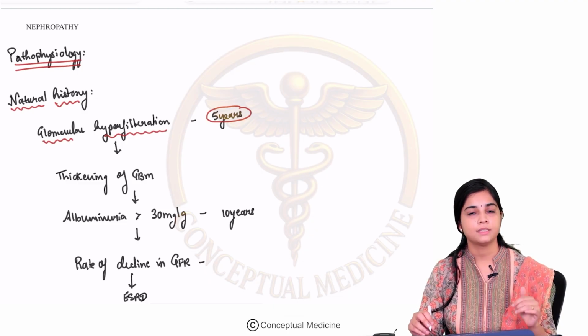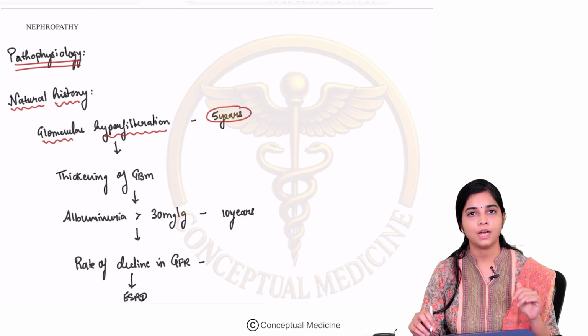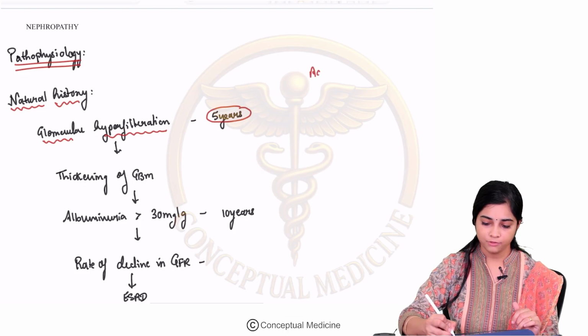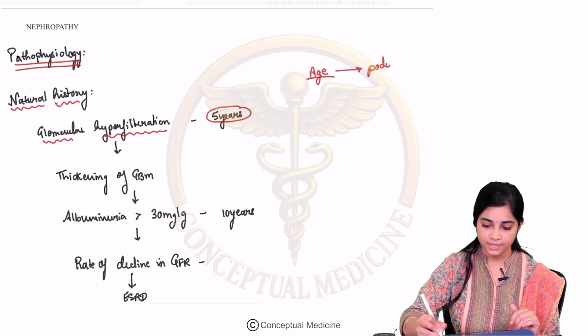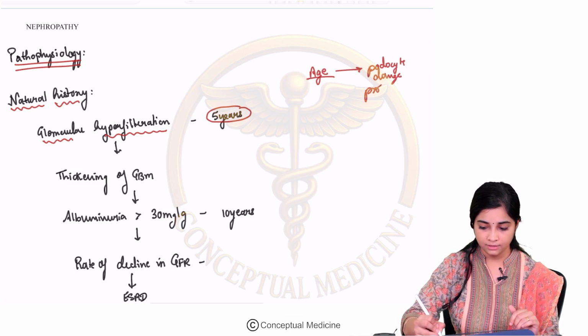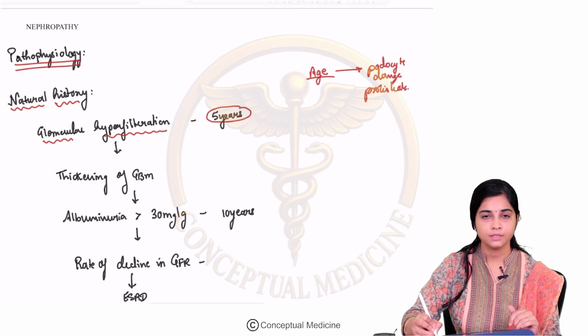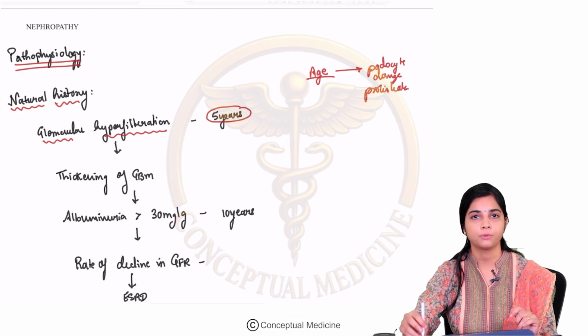Uncontrolled sugars result in the formation of advanced glycosylated end products, which can cause podocyte damage and protein leak.